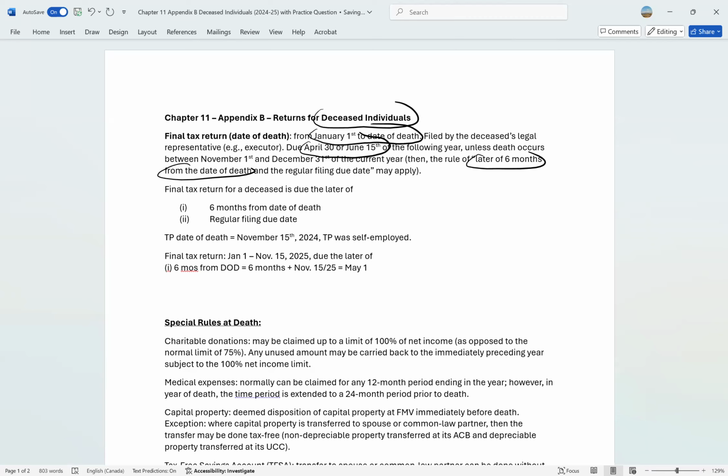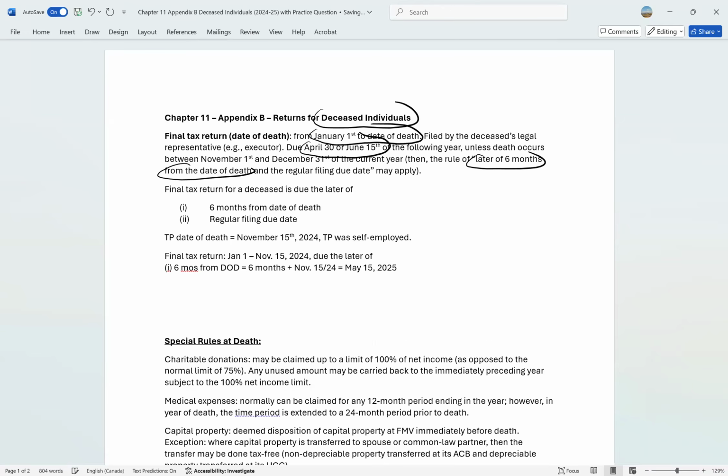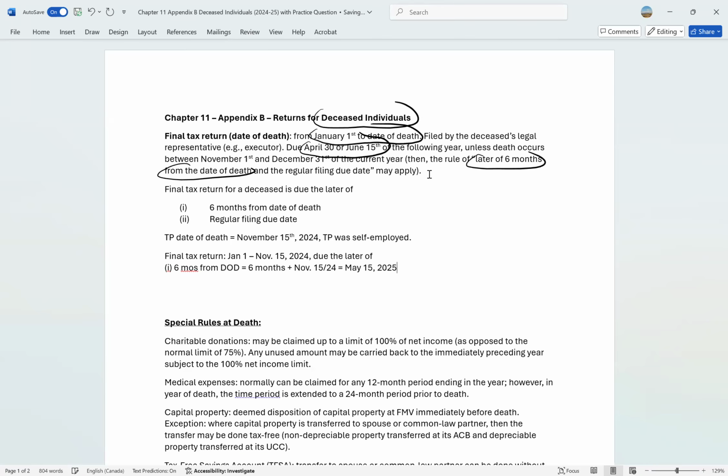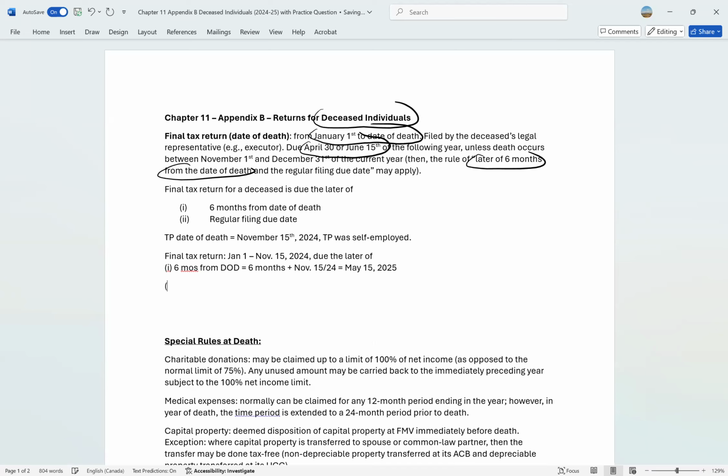Oh, sorry, date of death is 2024. Let me just change that here. So that would be May 15th, 2025. And then the regular filing due date, now normally it would be April 15th, but because this individual was self-employed, it would push it to June 15th, 2025.